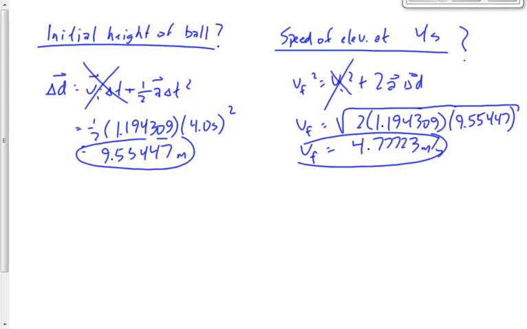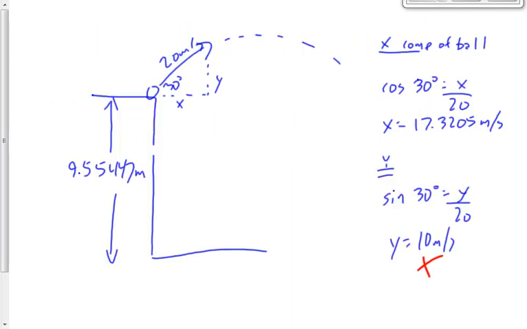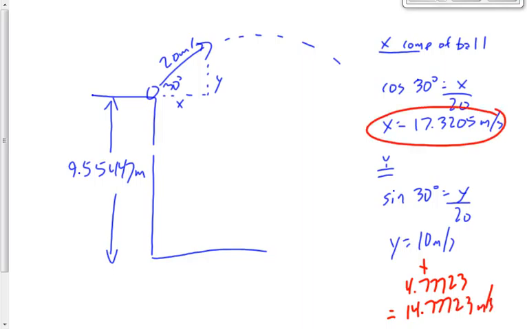So if it was thrown at 10 meters per second, but it was already moving at 4.77 meters per second, then we have to add those two together to get the initial y component of the ball. 4.77723 gives us 14.77723 meters per second. So here's the x component of the ball's motion. Here's the y component of the ball's motion.